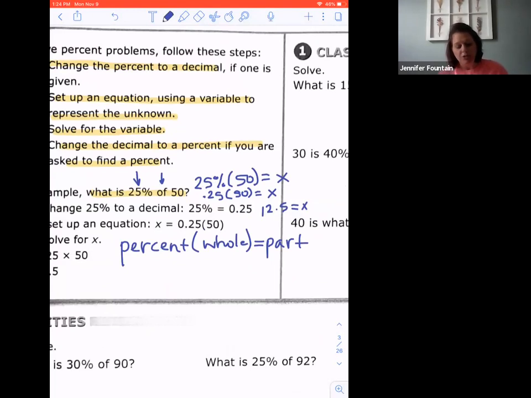So in this equation, I plug in 25% times 50 equals X. Percent times whole equals part. So if you remember that formula, it doesn't matter what two pieces of information you're given, you can plug it in using that same formula and solve for the unknown.